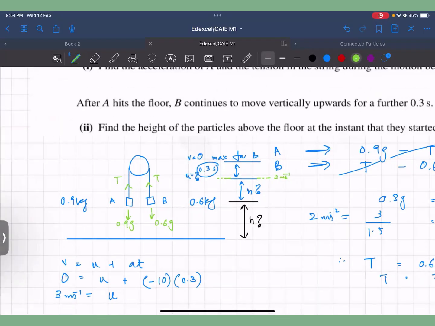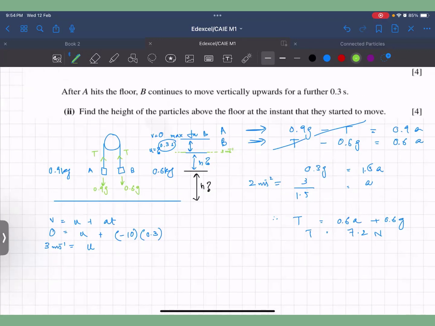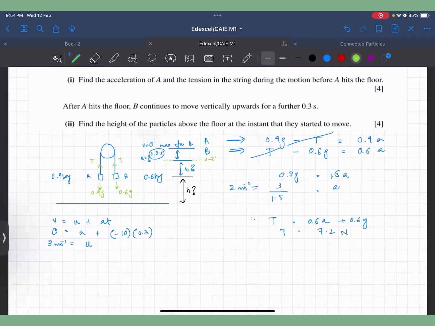Now what can we do? We know that initial velocity over here was also equal to 0. And the acceleration we know for this part when B is going up is 2 meter per second square.